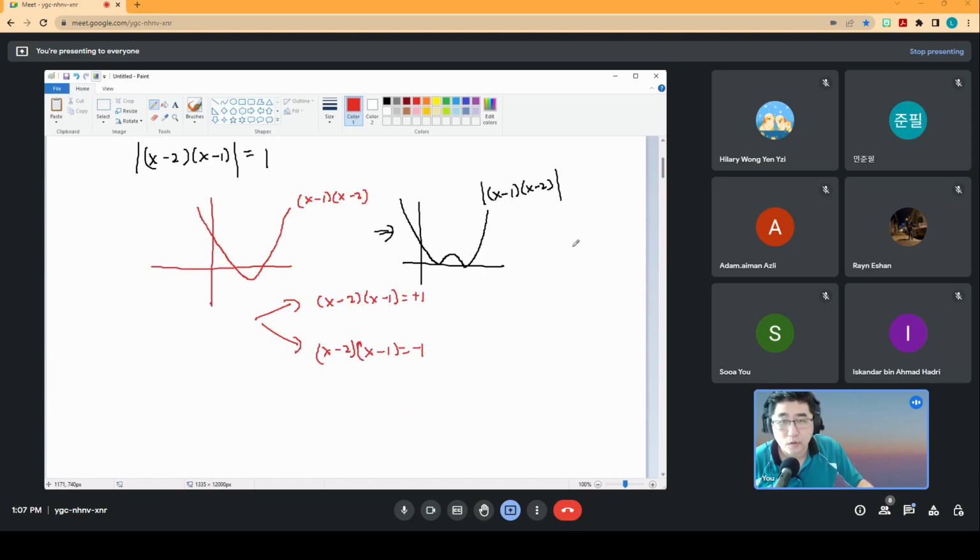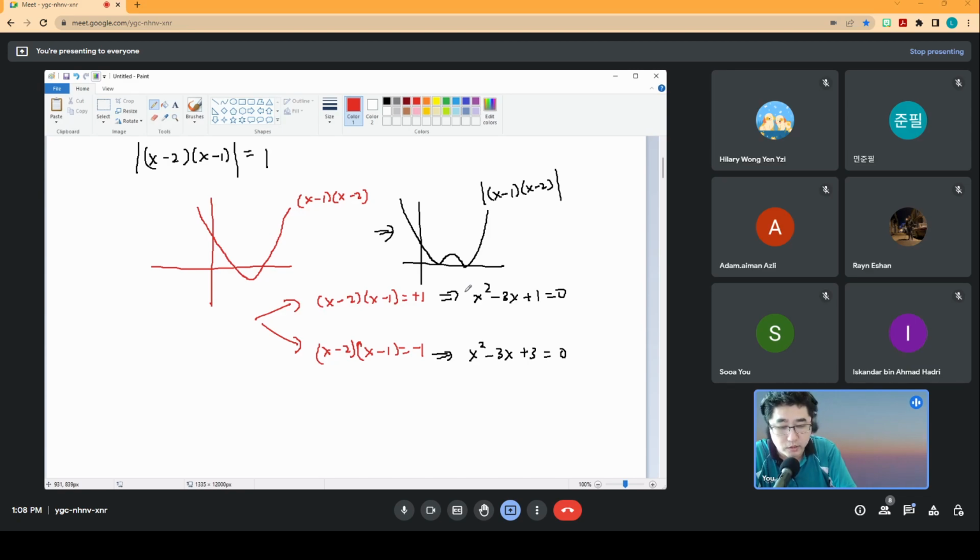If we solve them, expanding them, I will have x squared minus 3x plus 2 equals to 1, so x squared minus 3x plus 1. For the negative sign, x squared minus 3x plus 2 equals to minus 1, then it will be plus 3 over here. We see what are the answers that we have.